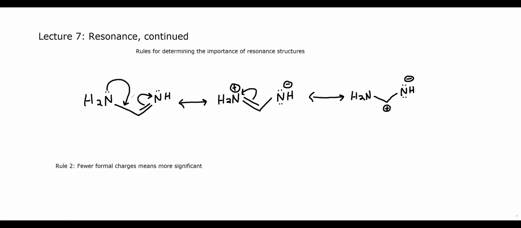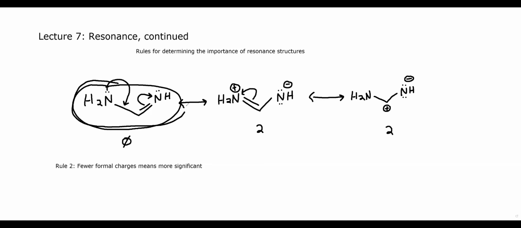So if we look at our 3 structures, we have a structure here with 0 formal charges. It's neutral. And then we have a resonance structure with 2 formal charges and another with 2 formal charges. So therefore, based on rule number 2, fewer formal charges is better. That means our first resonance structure here that I circled is the major resonance contributor.